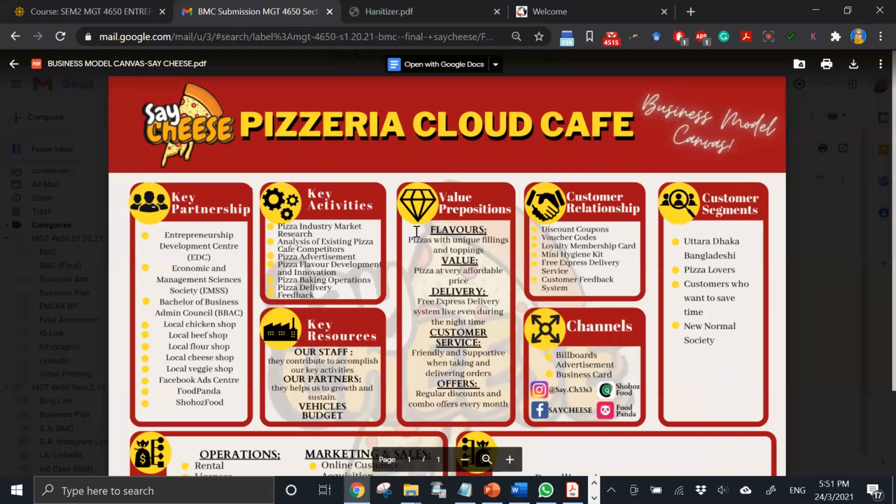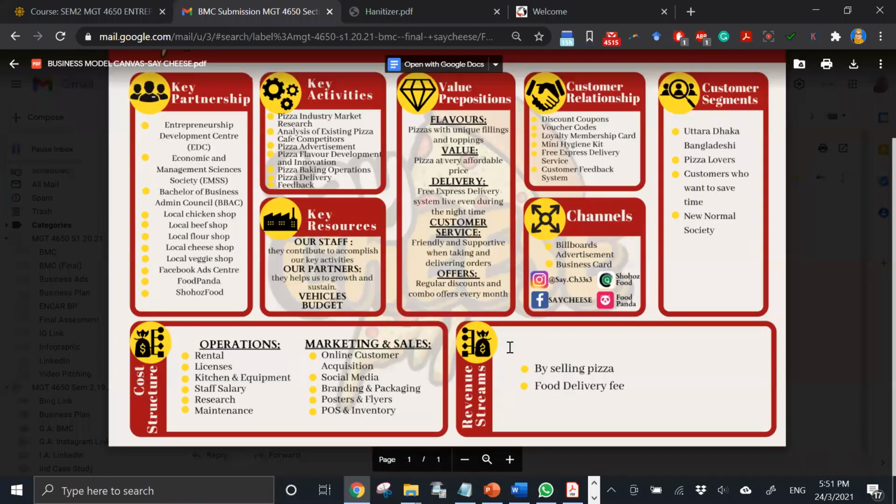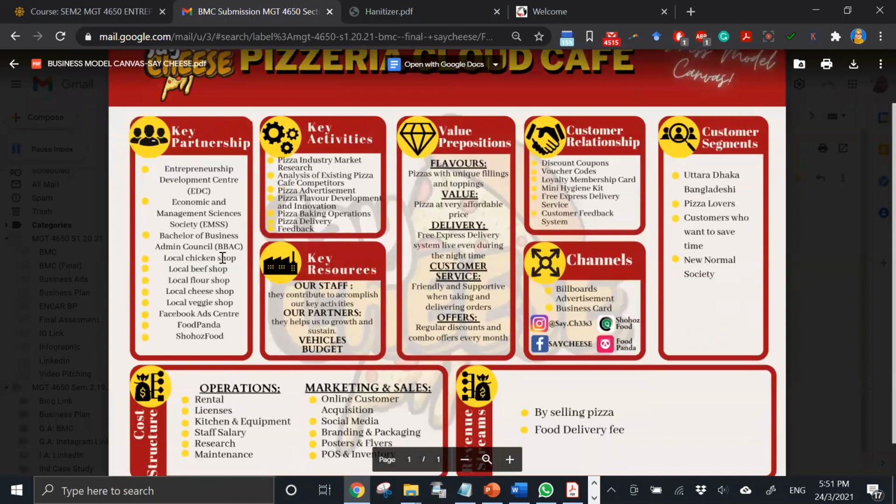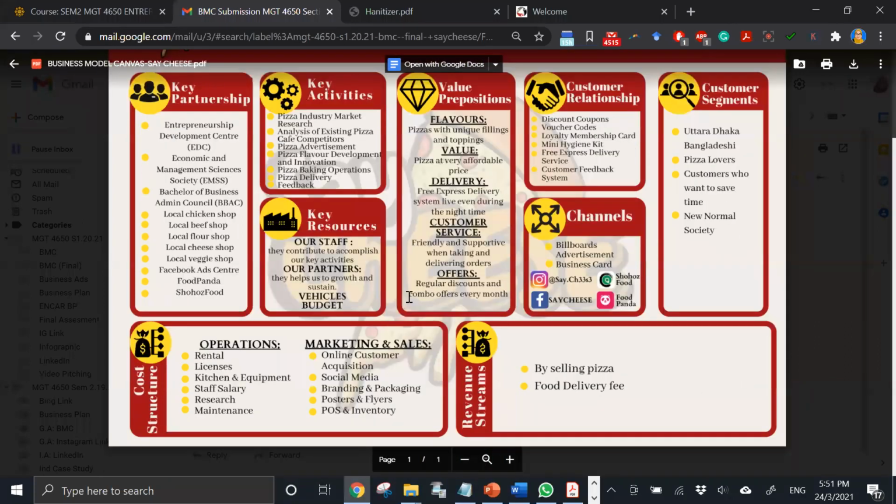You can change the decoration, something like this. You put your logo, your brand here. But the boxes stay the same. They are not moved here and there. And it must be in one page.